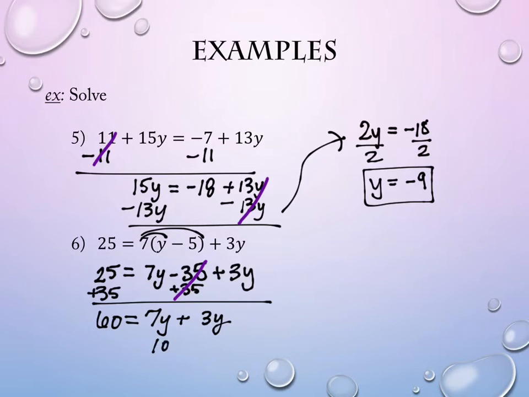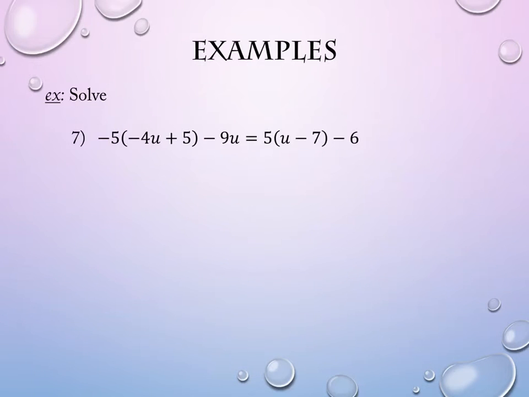Add my y's to give me 10y. 60 equals 10y. Yeah, so we'll divide by our 10. So the y is equal to 6. Okay, good so far? They're just getting messier as we go.